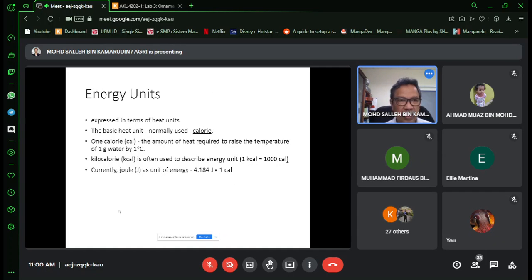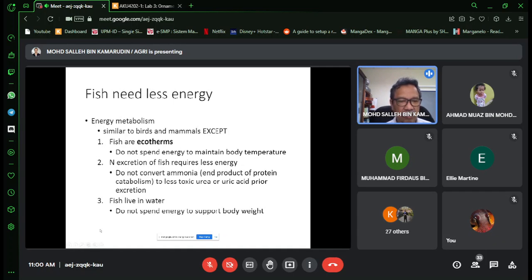And satu lagi, dia punya body, most of the fish are cruciform, shape dia tu very solution. So bila dia berenang, dia tak perlu banyak menghadapi rintangan. So ada 4, saya lupa nak letak sini, 4 kaedah kenapa badan dia macam tu, jadi dia tak perlu sangat energy untuk berenang.